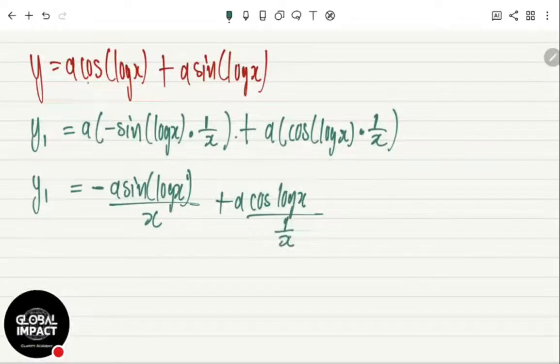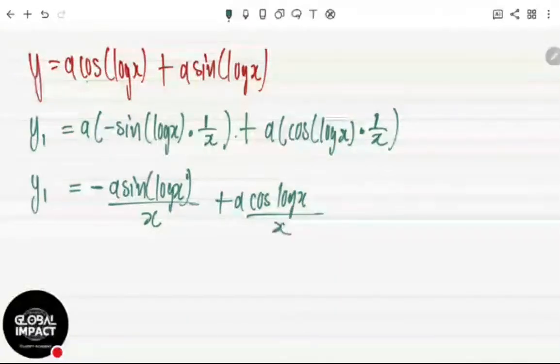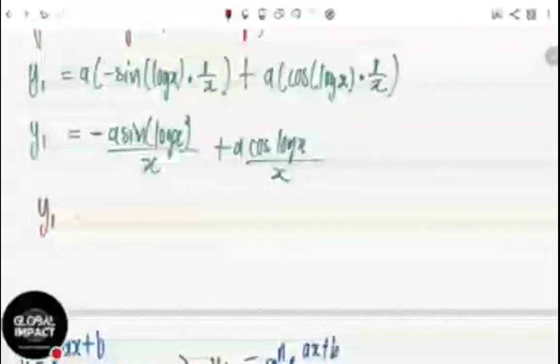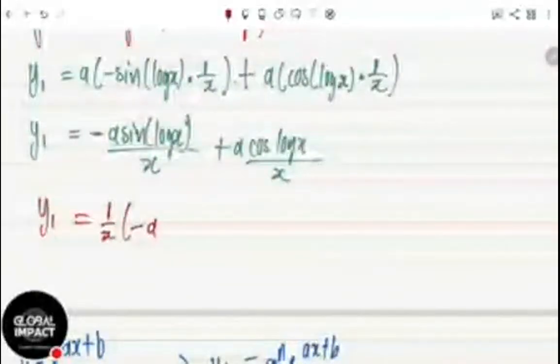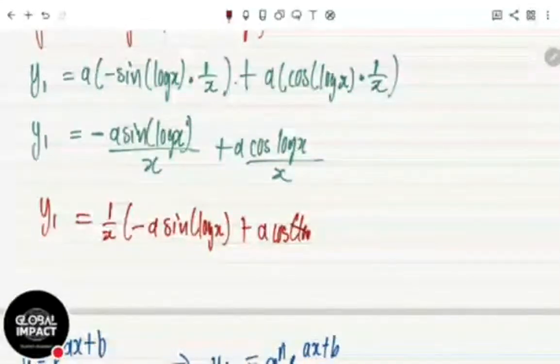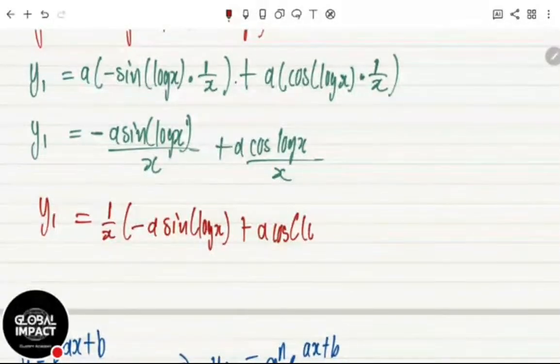What you'd have now is your y_1. But what we're going to do is on the right hand side, you can have your y_1 being equal to 1 over x times negative a sin log x plus a cos log x.